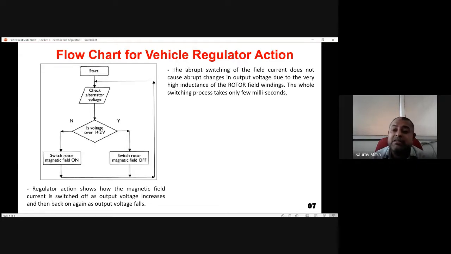Voltage is building up in the field coil, which will produce a rotating MMF with a changed magnitude, and that will induce more electricity in the stator, and the stator will produce higher output. So all this process takes time. So it is saying that the abrupt switching of the field current does not cause abrupt change in the output voltage of the alternator, due to the very high inductance of the rotor field winding.